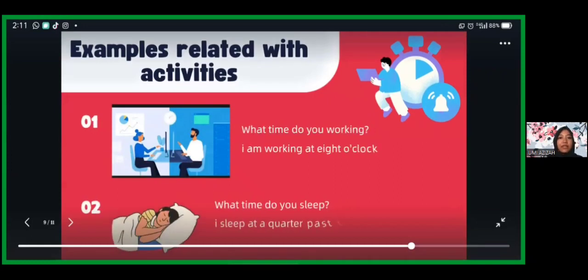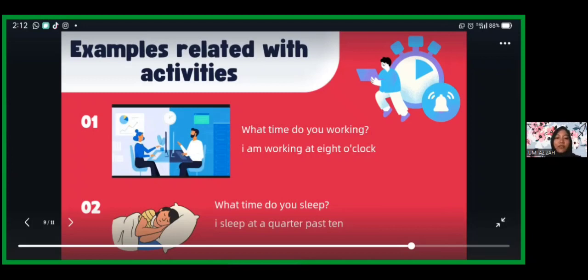For example, related with activities. Number 1, what time do you work? There are some people who discuss working, yeah. Use a simple present. I am working at 8 o'clock. Like that, yeah.